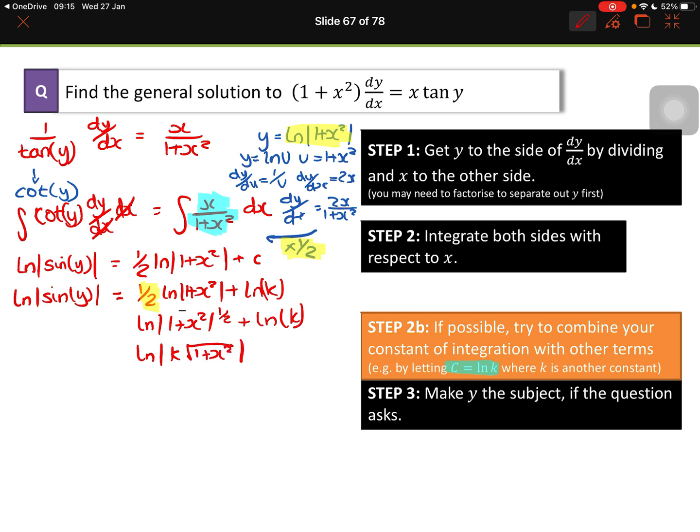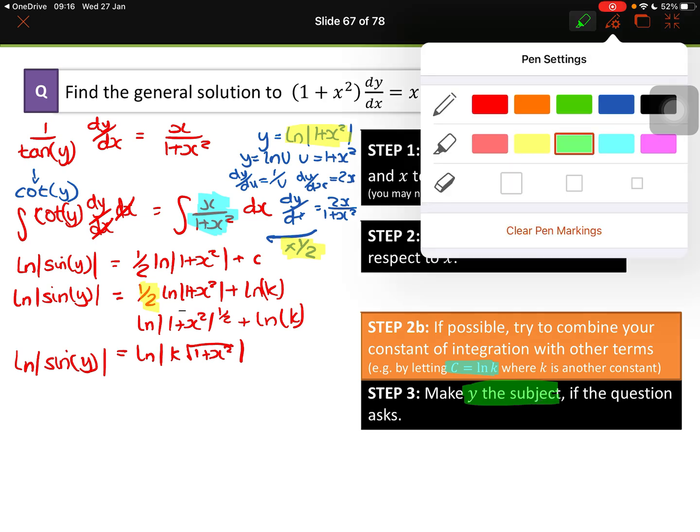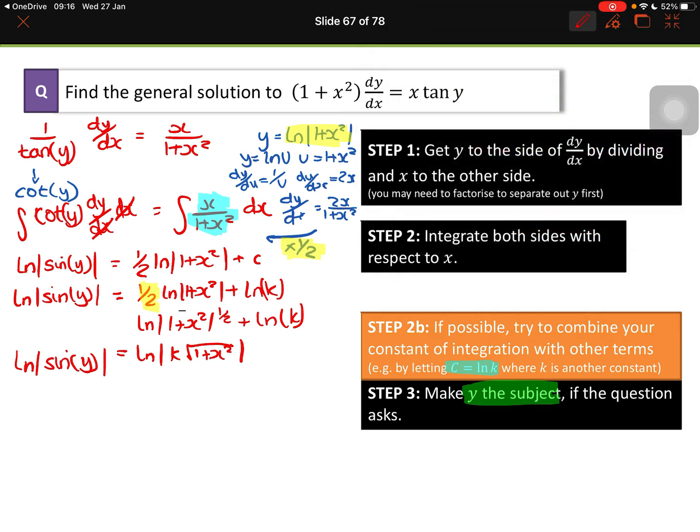So all we've done is simplify that down. This still equals log natural sine y. All we're trying to do now is work it all the way down so I can make y the subject. I can now get rid of the log naturals, e both sides, and that gives me sine y equals k root 1 plus x squared.